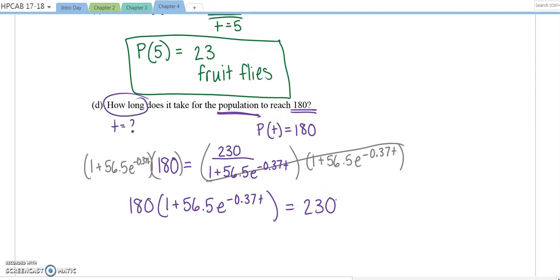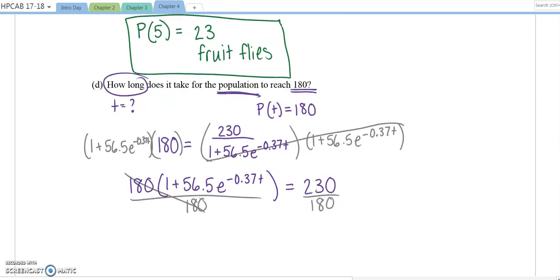Now this is kind of similar to some problems we dealt with before. Some of you like to distribute the 180, and that's fine. I prefer to just get rid of it, so divide by 180 on both sides. And I get 1 plus 56.5 e to the negative 0.37t equals, if I simplify this, I'm just going to leave it as a fraction for now, 23/18.